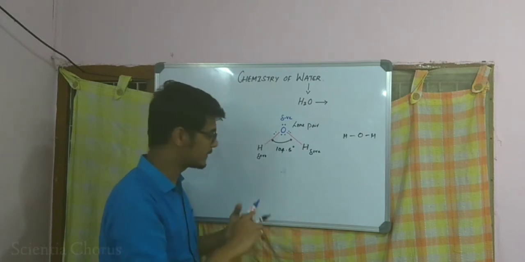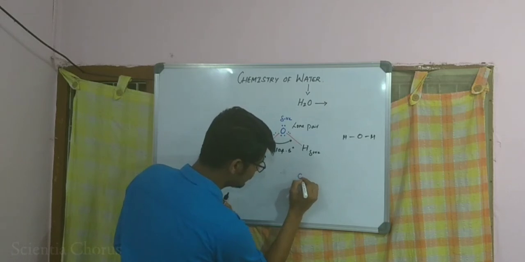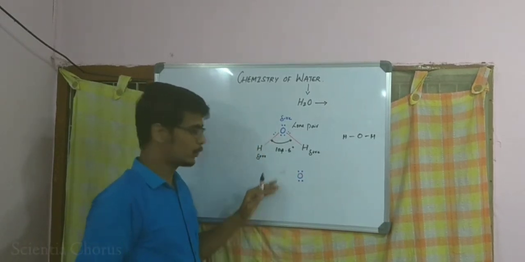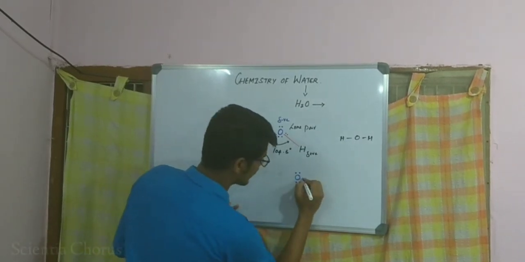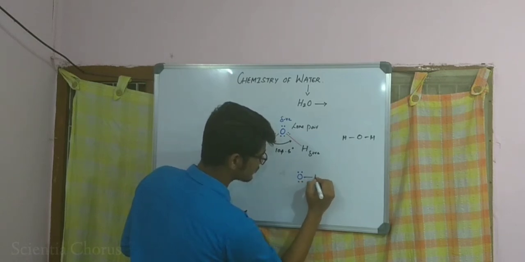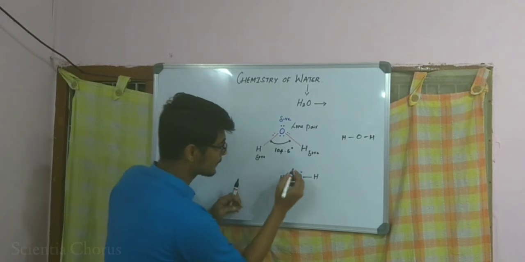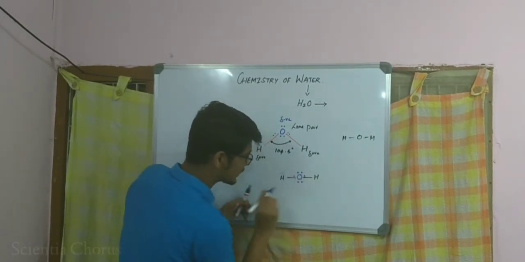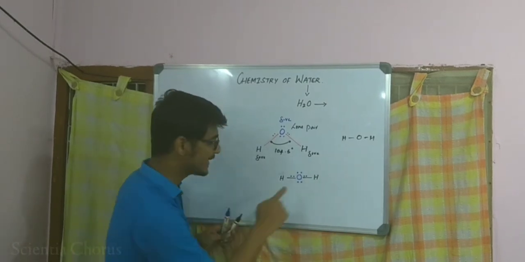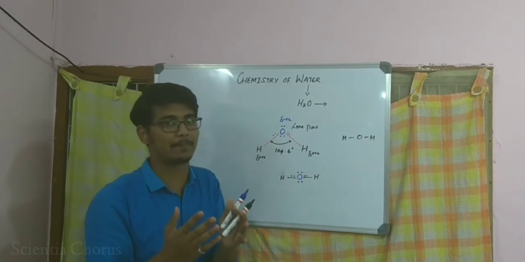So what happened in this case is, for example, if you take oxygen and it has 2 lone pairs of electrons in it, and if you take the hydrogen, and we know that the electrons are towards oxygen.